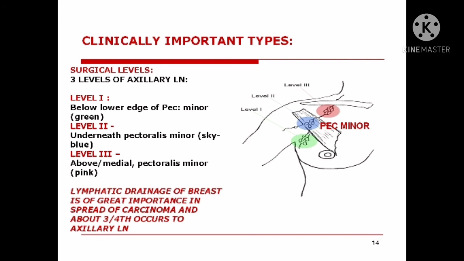The groups of the lymph nodes lying beneath the pectoralis minor muscle are the level 2, and the groups that lie above the medial border of the pectoralis minor muscle are the level 3 groups of the axillary lymph nodes. The lymphatic drainage of breast is of great importance in spread of carcinoma, and about 3/4 of the carcinoma spread occurs to the axillary lymph nodes.